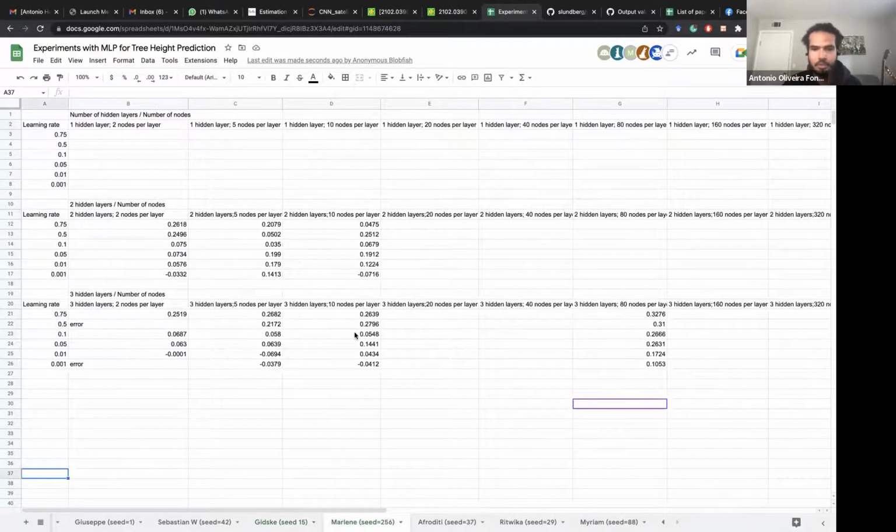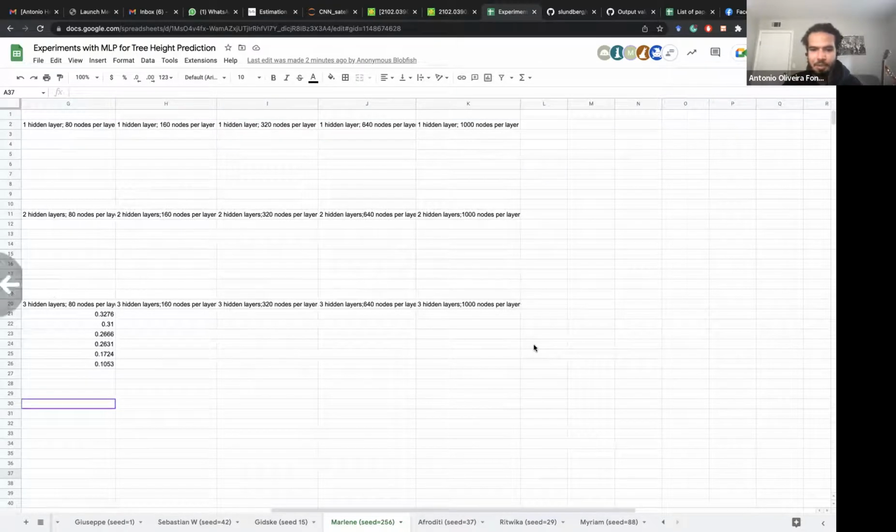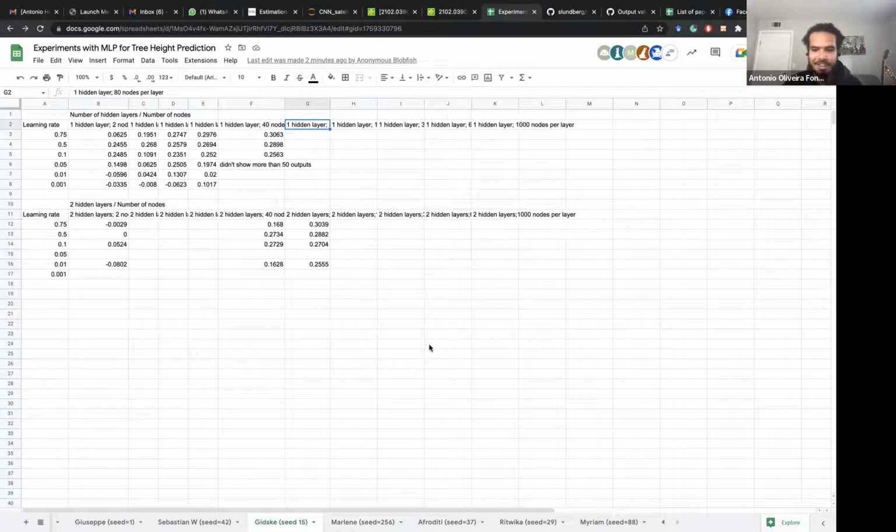Oh, this is a nice one with just 10 nodes, 80 nodes. But the general trend that I hope you can all observe is that the more complex you make the model, at least for this constrained number of parameters that we're using here, usually the better the performance gets. Did anyone try something really crazy, like thousands of nodes with 500 hidden layers?